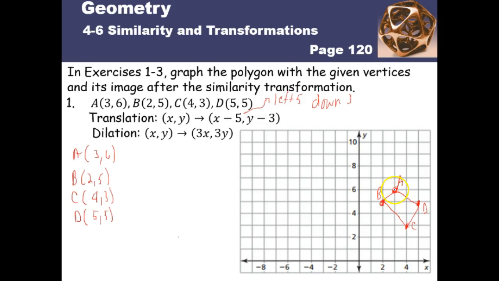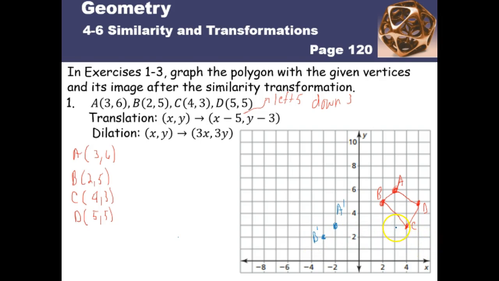So A is going to go left 5. So 1, 2, 3, 4, 5, and down 3. 1, 2, 3. This is going to be my new point, A prime. Okay, B is going to be left 5. So 1, 2, 3, 4, 5, and down 3. 1, 2, 3. This is my new point, B prime.